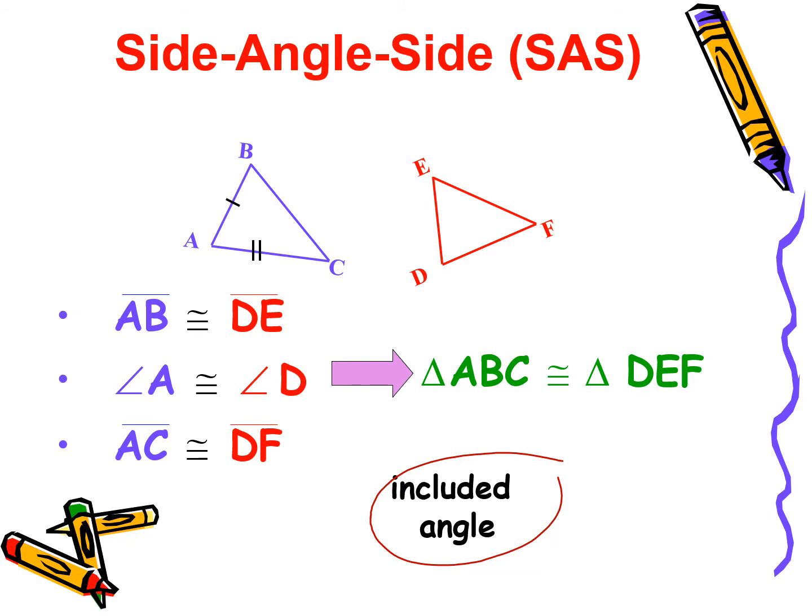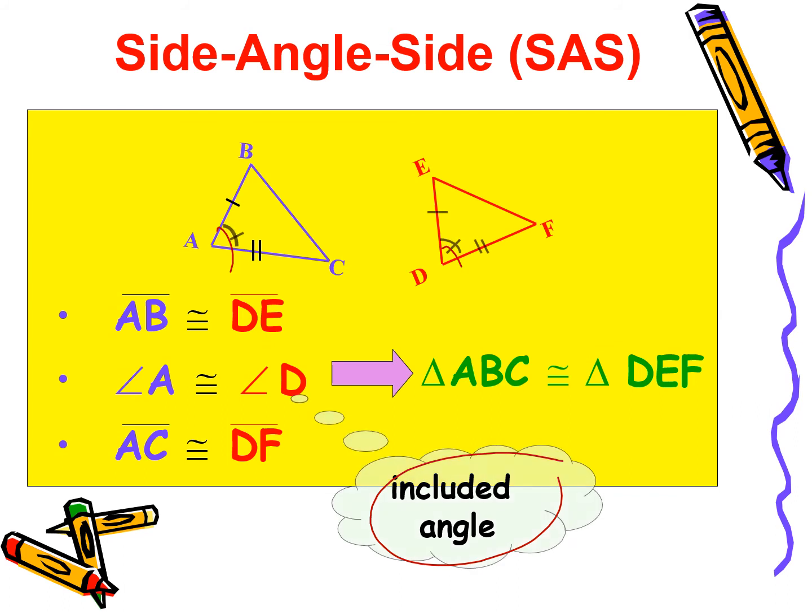Like in this figure, if AB is congruent to DE, angle A is congruent to angle D, and AC is congruent to side DF, then we say that triangle ABC is congruent to DEF.